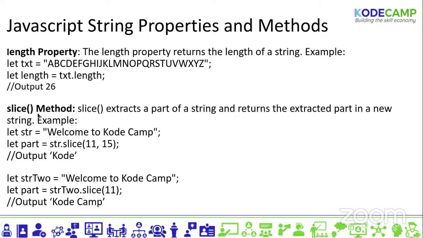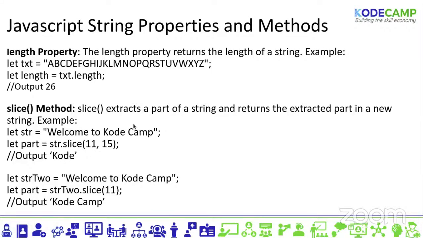Since it's a method, it has this bracket here. This bracket tells you that slice is a method. If slice didn't come with this bracket, then slice would be a property. But since it has this bracket in front of it, it means it is a method.